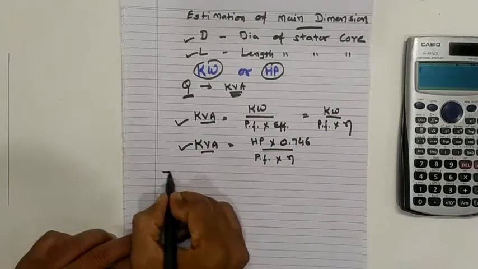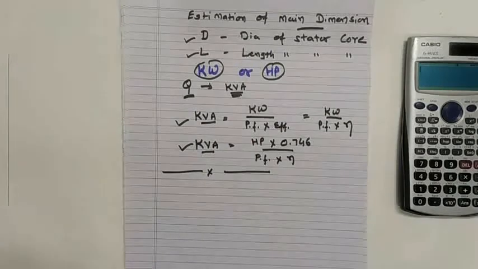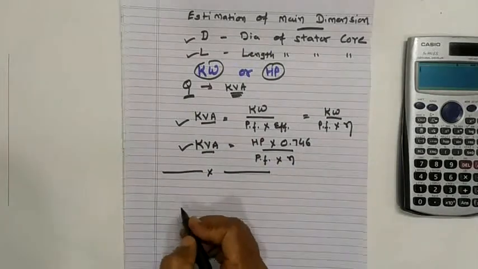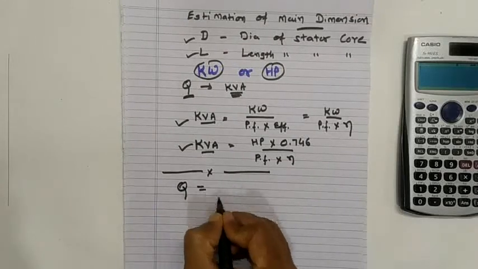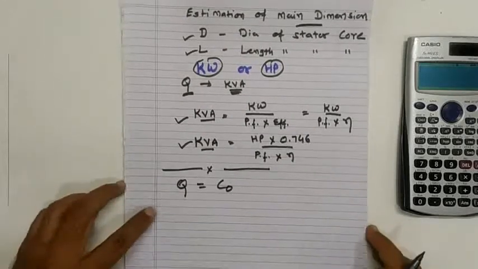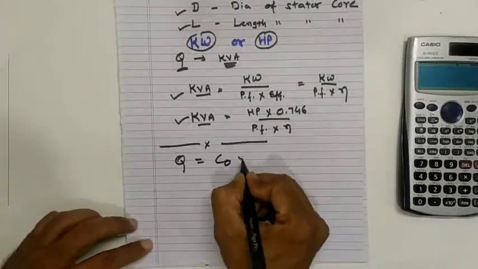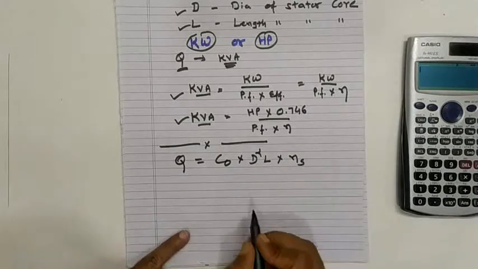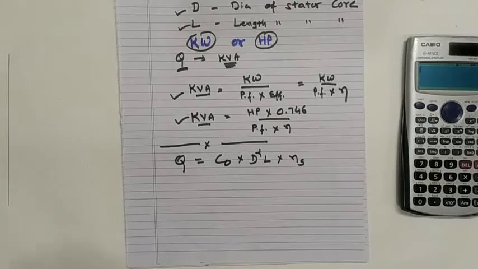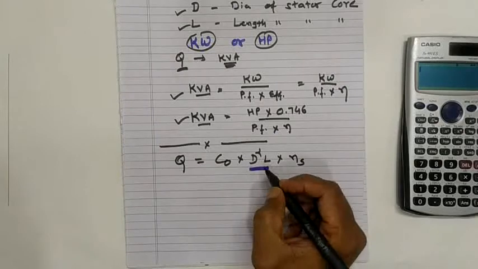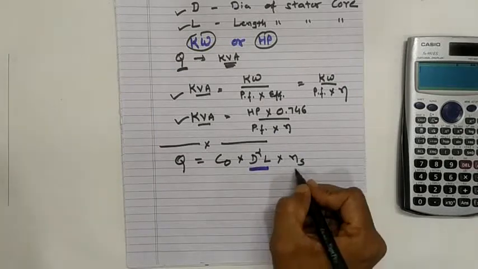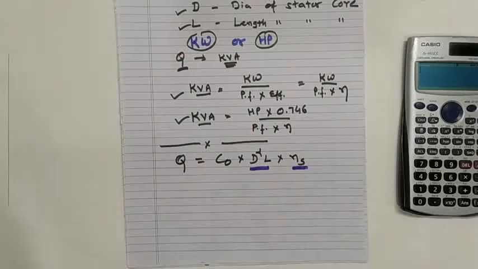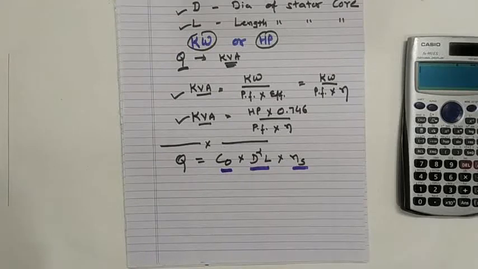Second, how to estimate our main dimension? In case of output equation, we know that Q is equal to CO multiplied by D square L multiplied by NS, where D square L is known as our volume, and it is our main dimension, while NS is our synchronous speed and CO is our output coefficient.